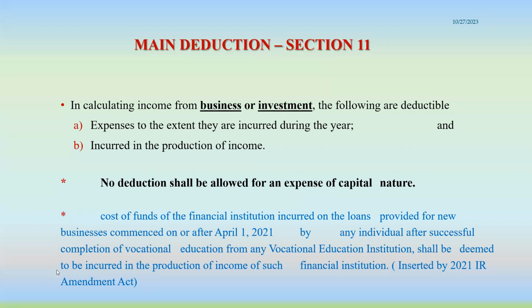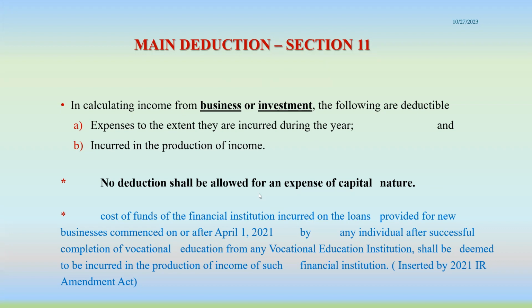So this is an amendment. Actually, this is an insertion from the Inland Revenue Amendment Act in the year 2021. So now I think you can understand that we can deduct expenditure under Section 11 only if that expenditure is in revenue nature. That means capital nature expenses are not allowable as a deduction under Section 11.